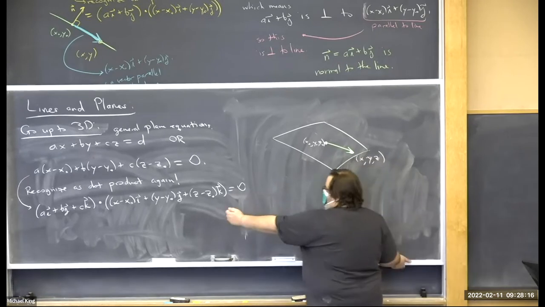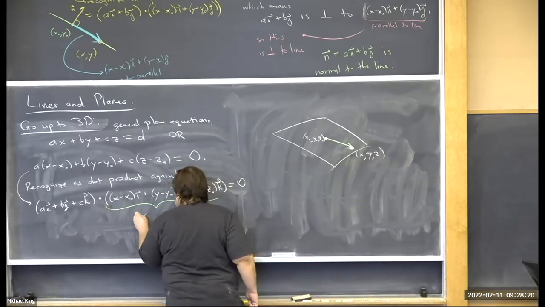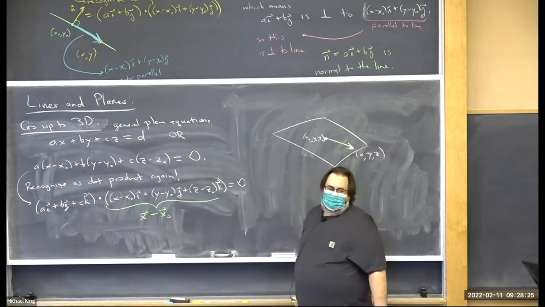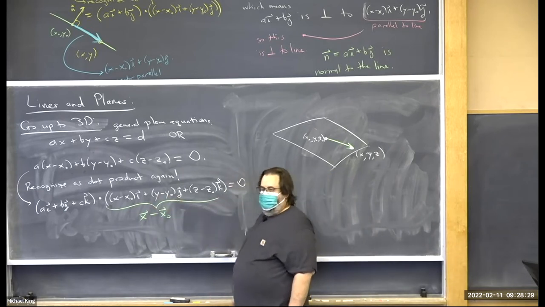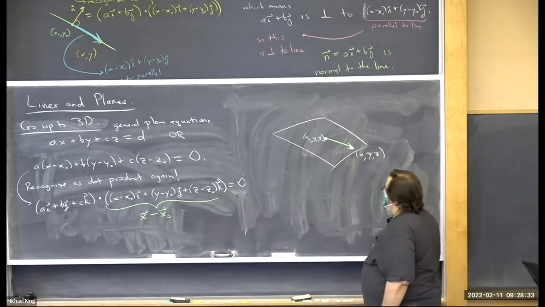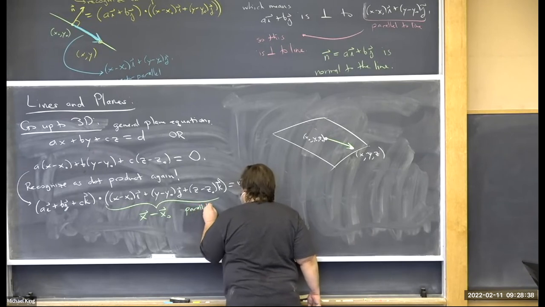That's given by x minus x naught as vectors, where the x vector stands for x, y, z, and the x naught vector stands for x naught, y naught, z naught.